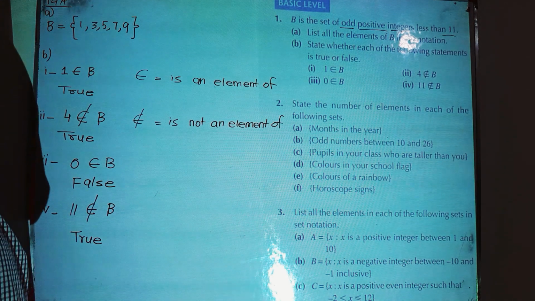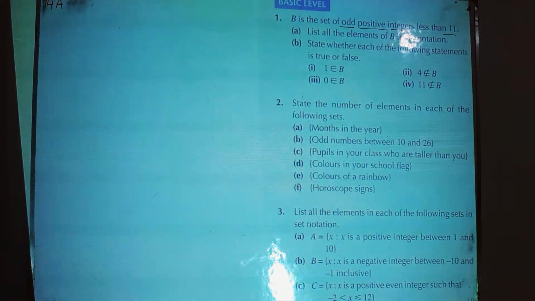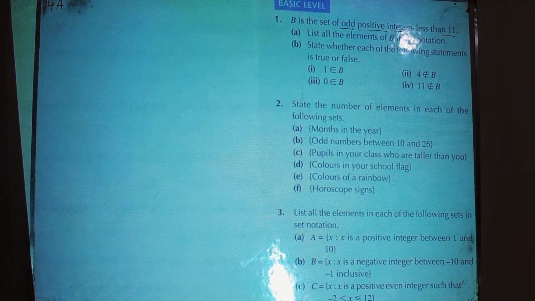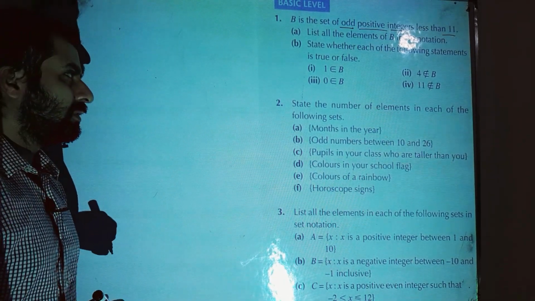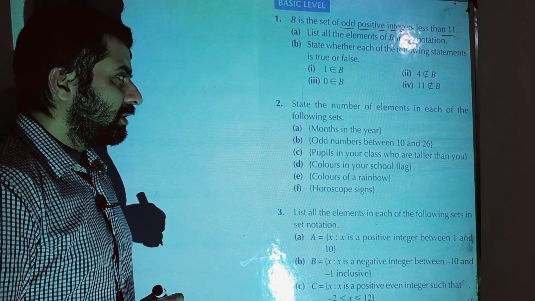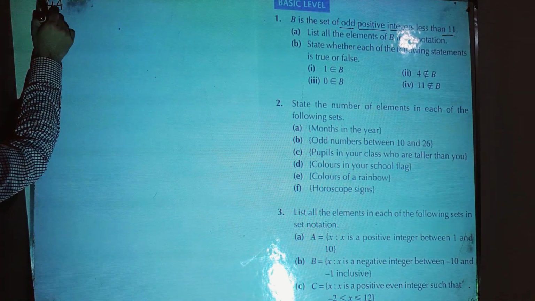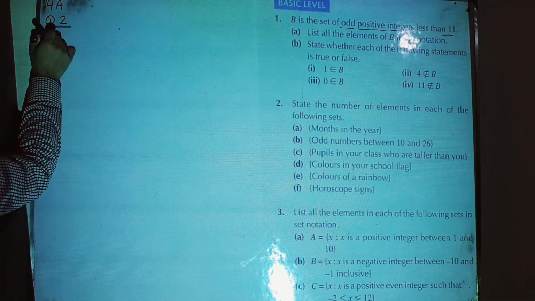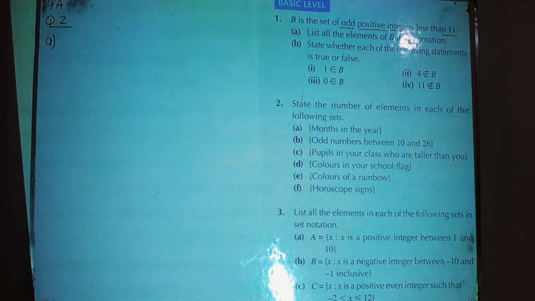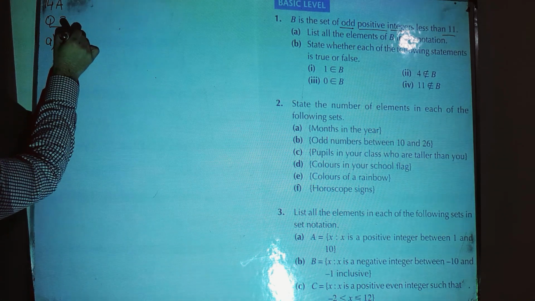Question number 2 is, state the number of elements in each of the following sets. And question number 2, part A. Okay, we have to write the number of elements. So months in the year.